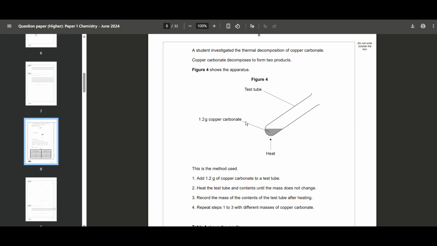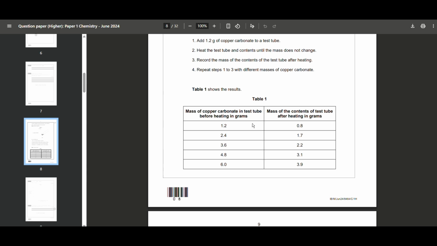So essentially what is happening here is that you have copper oxide being formed and then carbon dioxide is being let out of here. So this mass 1.2 is going to go down, and that is what we see happening. I think, is it over here? Mass of copper carbonate before heating in grams.